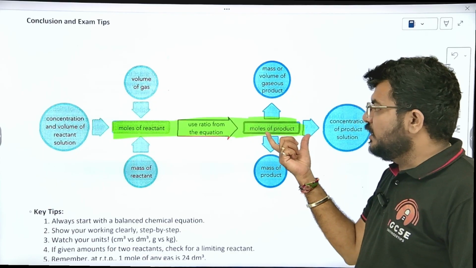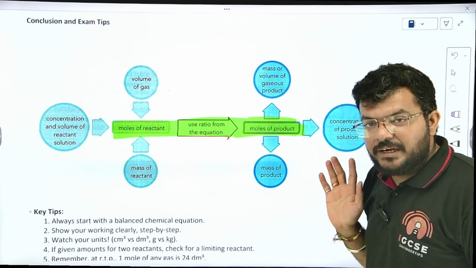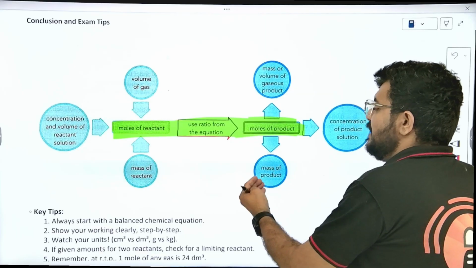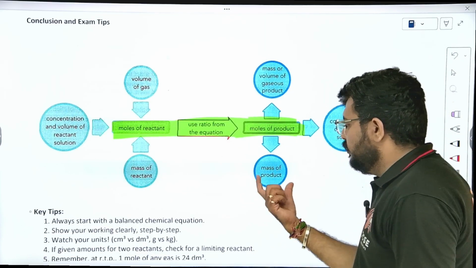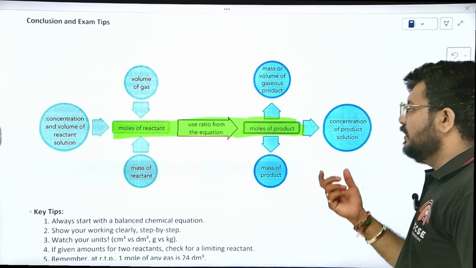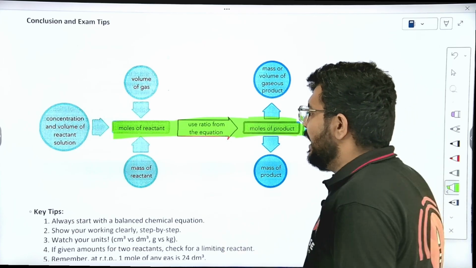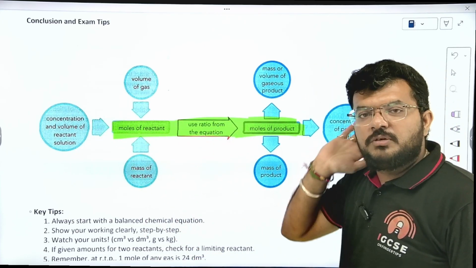Now with the product, if they have asked you volume, multiply it with 24, you will get the volume of the gaseous product. If you then multiply n into MR, you will find out the mass of product. And if you have volume, you can also find out the concentration of product. So the idea is only this much. Moles of reactant, use ratio, find out the moles of product.